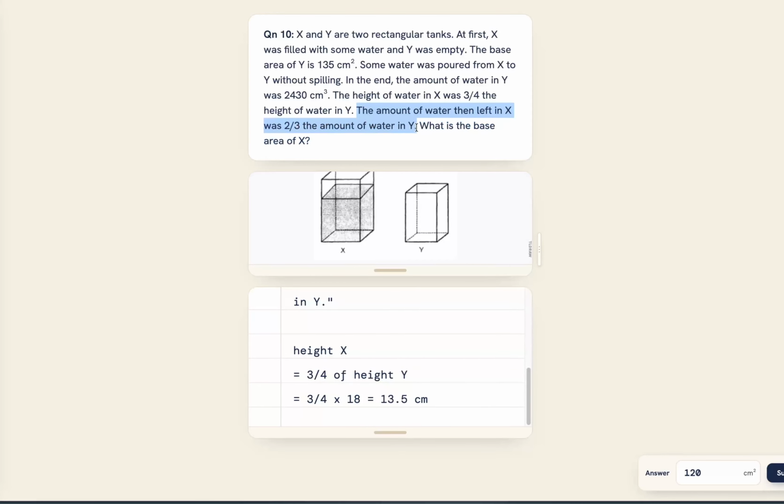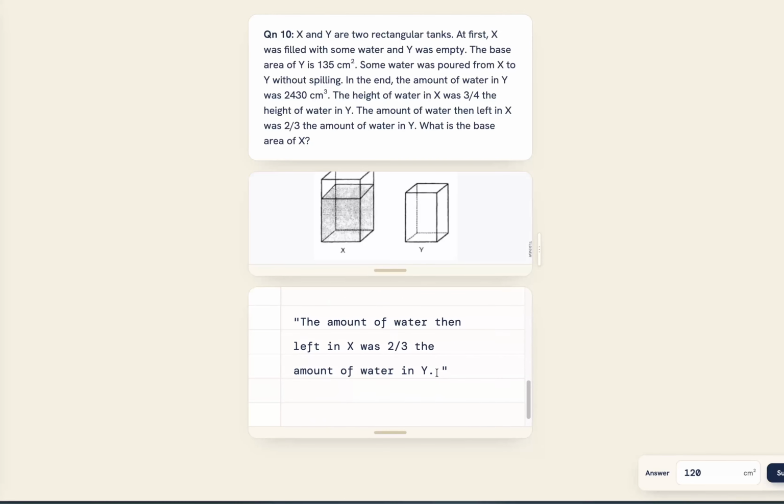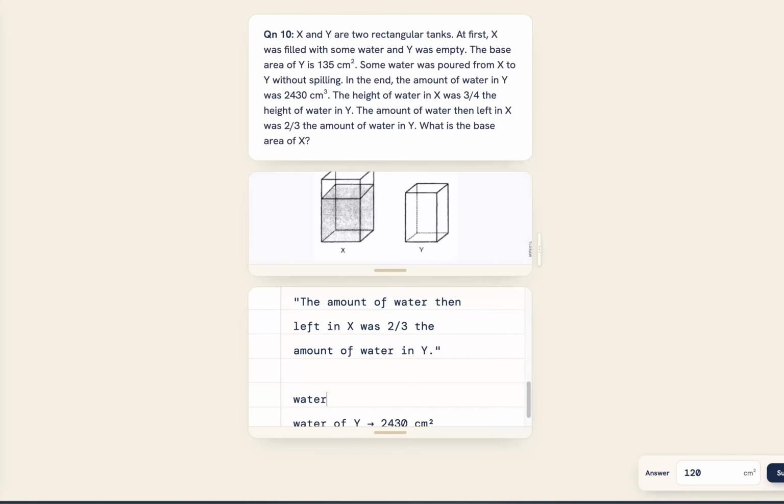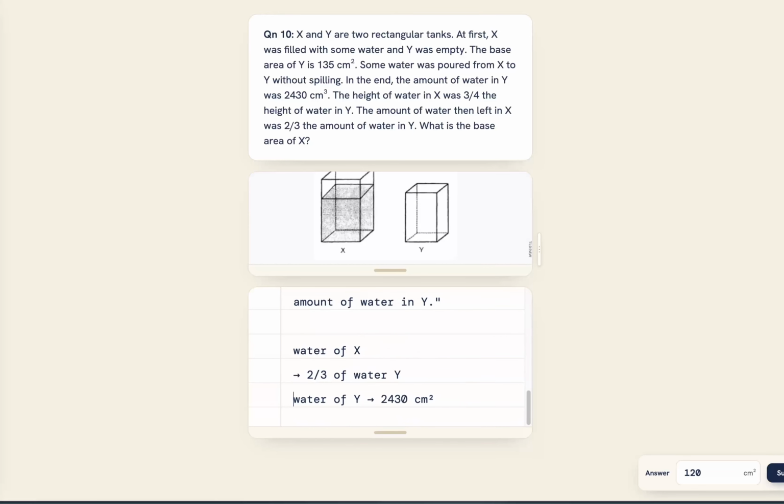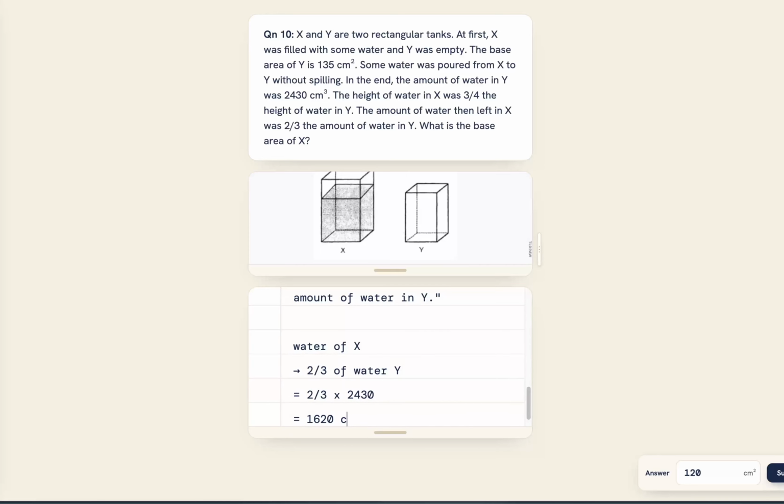And we also know that the amount of water left in X was 2/3 the amount of water in Y. So water X is 2/3 of water Y. We know water Y over here, so that means 2/3 of 2,430, which is 1,620 centimeter cube.